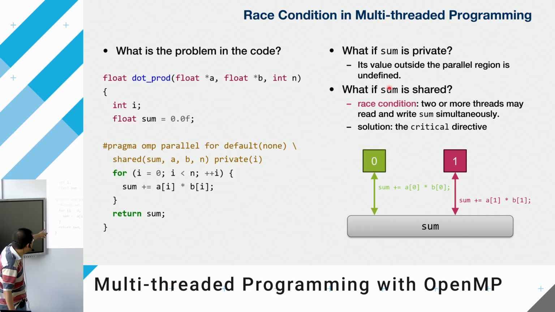But if you put the result sum into the shared part, you will have a race condition, because one thread may be changing the sum while another thread is also changing or reading it. If you have 100 threads, this is chaos. So in the end the value of sum is unpredictable. This is wrong.